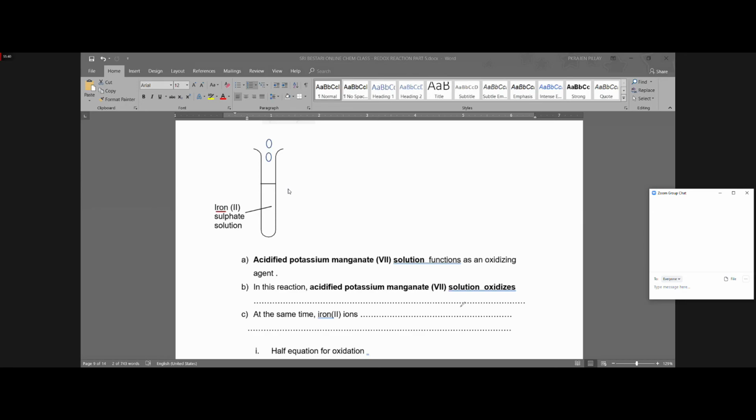Manganese 2. I repeat again, acidified potassium manganate 7 solution oxidizes iron 2 ions, and will reduce manganate 7 ion to become Mn2 plus or manganese 2 ion.